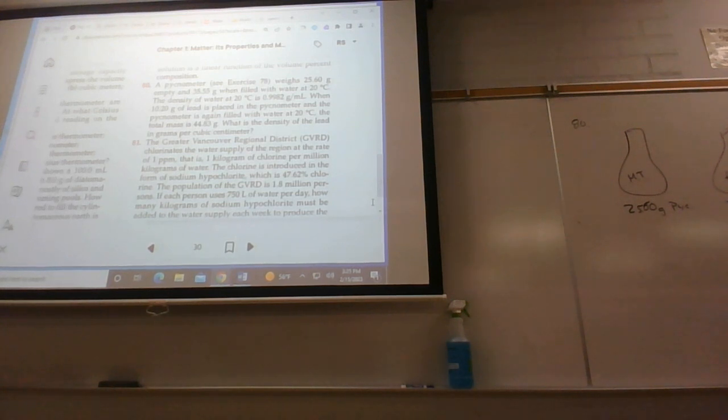So this is going to be 9.95 divided by 0.9982, which is 9.9679 milliliters. Okay, how many sig figs am I allowed here? Actually, just 3. And so this is going to come out to 9.97 milliliters, the volume of the pycnometer.